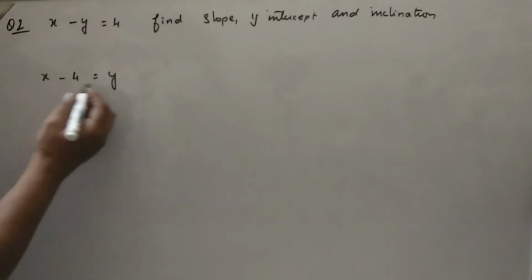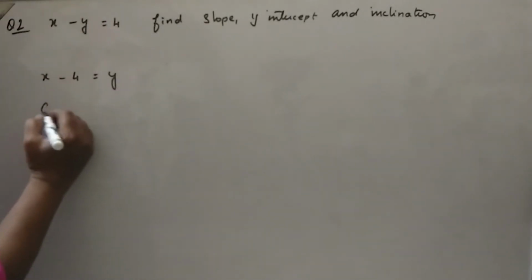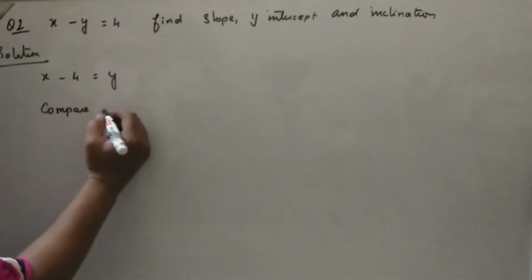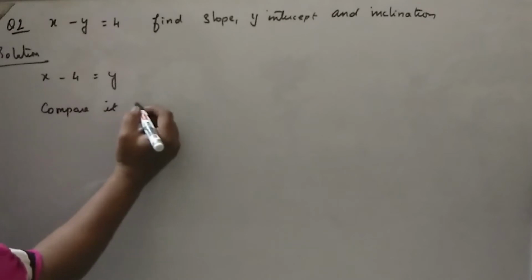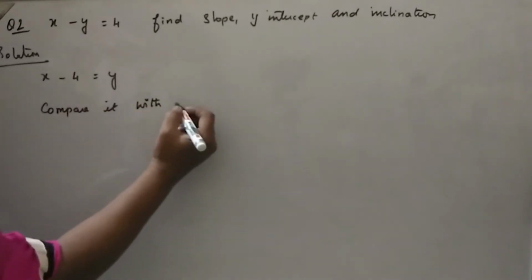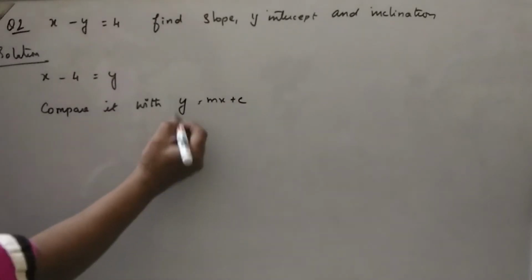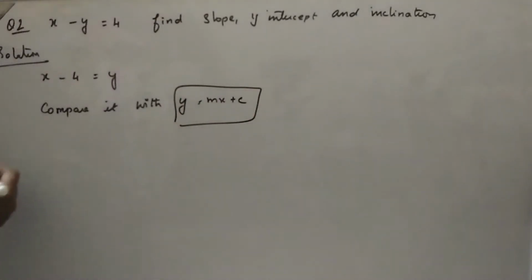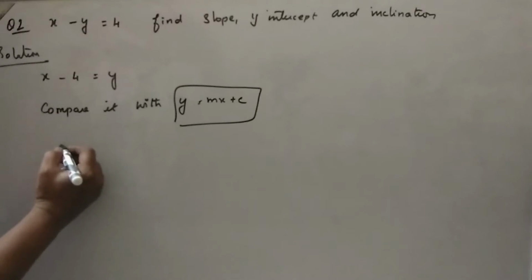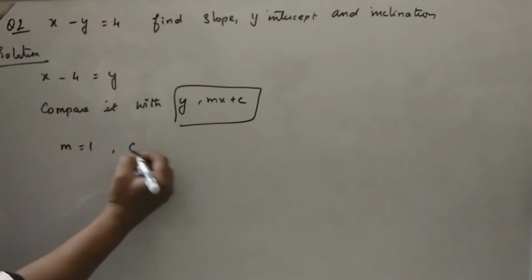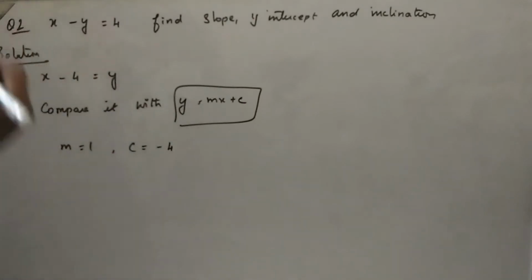Compare it with y is equal to mx plus c. We have to compare. Therefore, slope is equal to 1 and y-intercept is equal to minus 4.